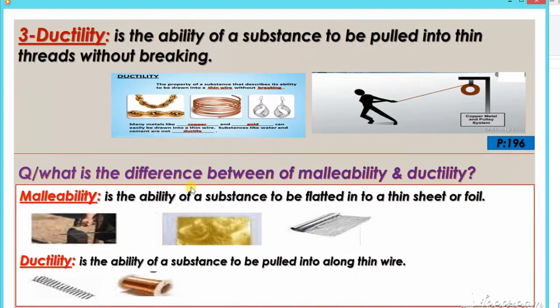Question: what is the difference between malleability and ductility? Malleability is the ability of a substance to be flattened into a thin sheet or foil by hammer. But ductility is the ability of a substance to be pulled into a long thin wire.